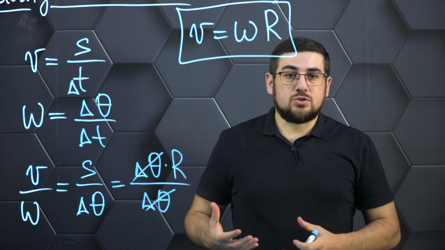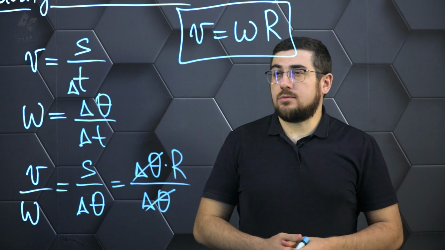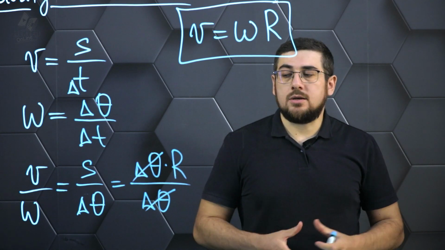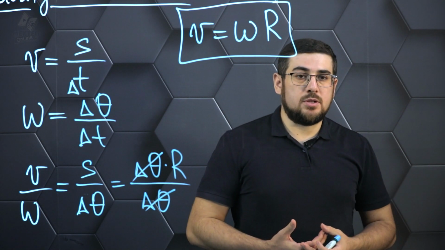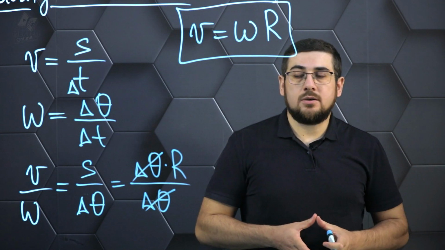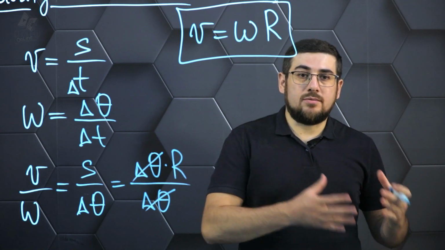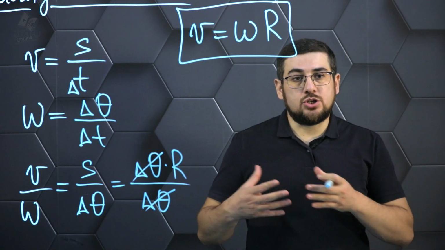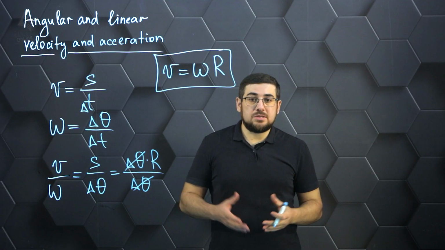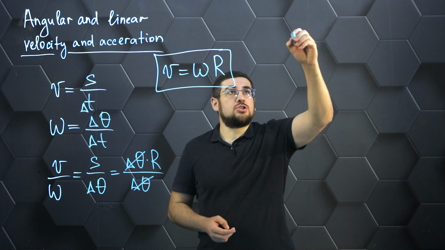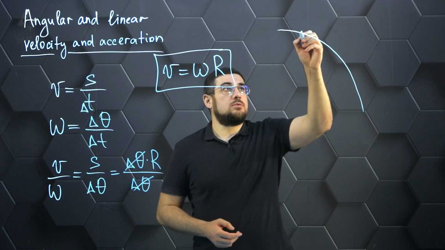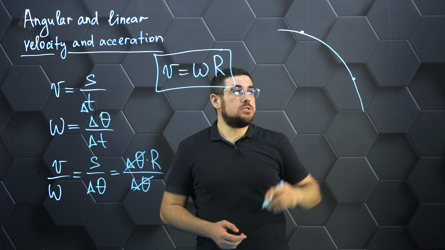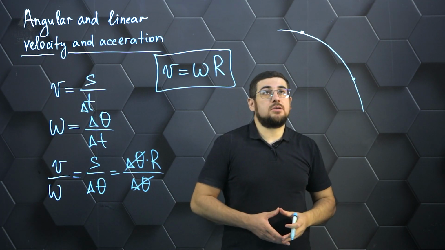Now, in terms of acceleration, we need to remember that acceleration is the rapidity of change in velocity. Velocity, as we understand, is a vector quantity, so it has a direction and it also has a numerical value. To explain acceleration, let's consider the motion of some object along the arc of a circle, and at each point on this circle we can take two of these points.